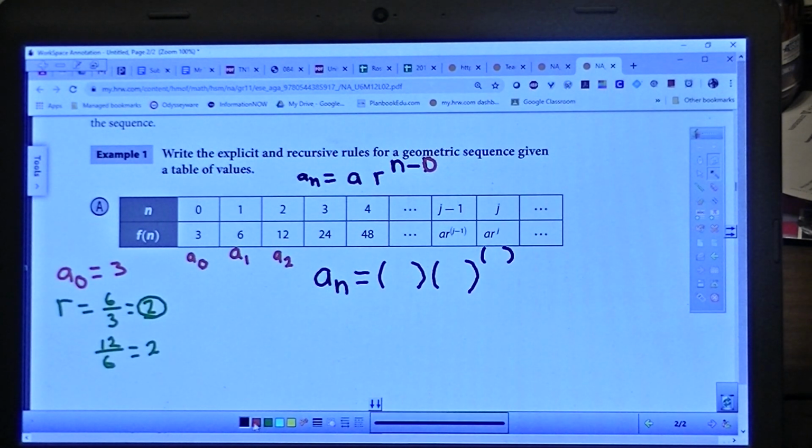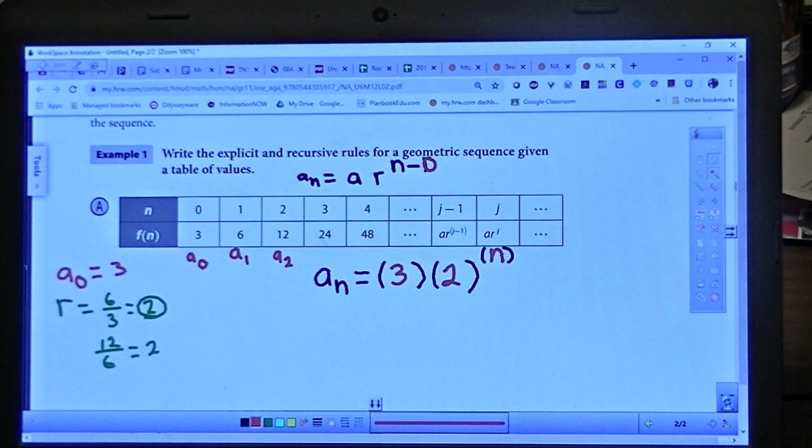So our a sub 0 is 3, our r is 2, and since we're not looking for any particular point, we're going to leave this an n. So this is an nth term rule, because we're leaving the n in it. If we wanted a model for the third term, we would put a 3 here. So this is the explicit rule for this geometric sequence.